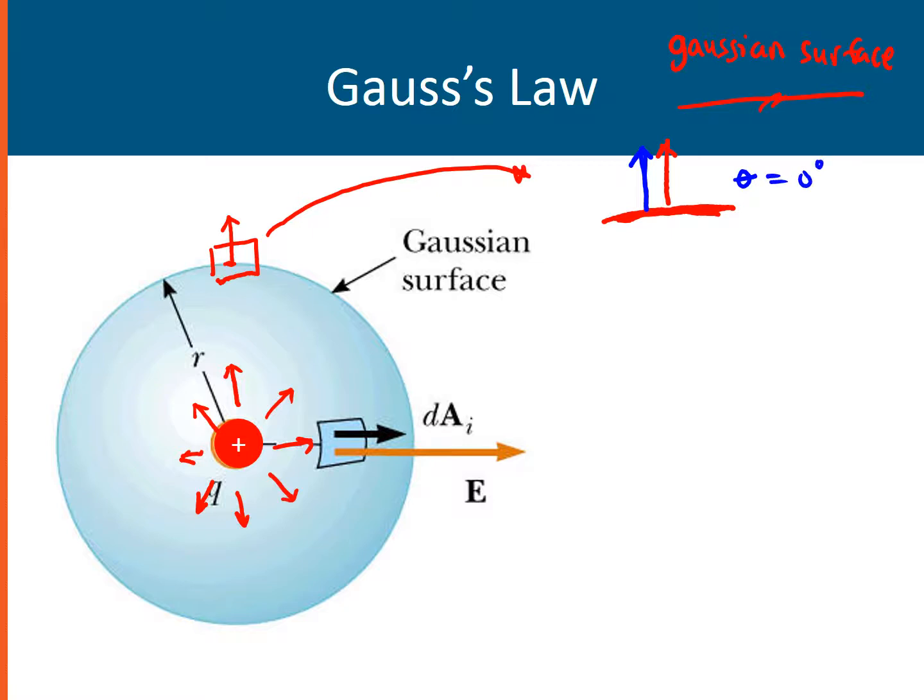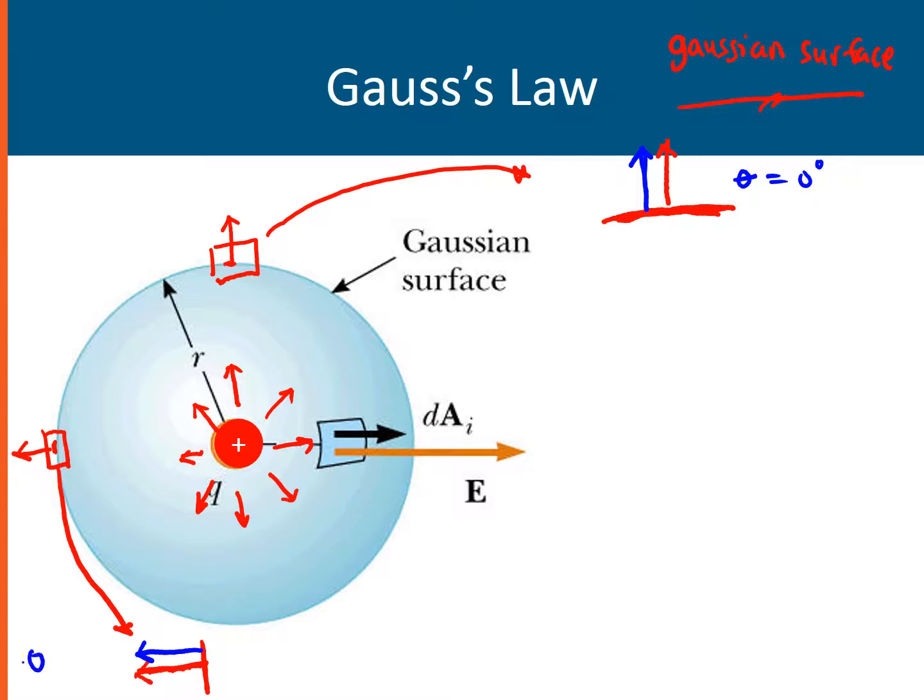Also, if I'm going to look at this part of the Gaussian surface, again, the electric field would be pointing towards that direction. If I enlarge this part, it would look like this. This is that surface, and this is my electric field. And also at that particular point, the area vector is also pointing towards the same direction as that of the electric field.